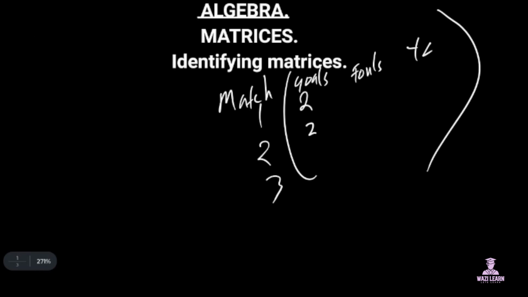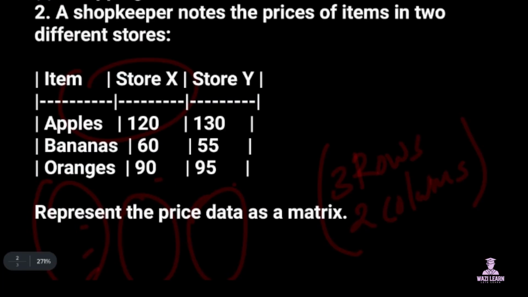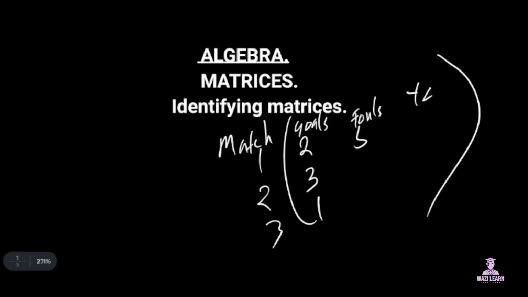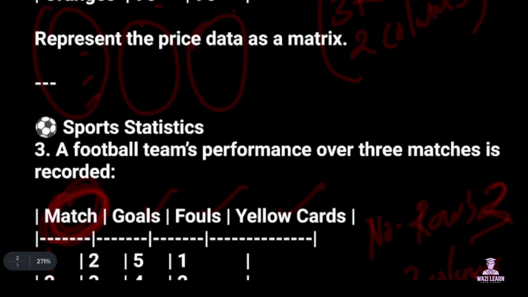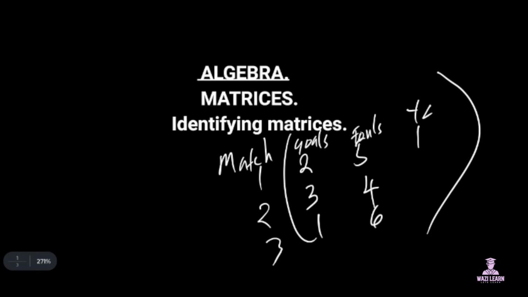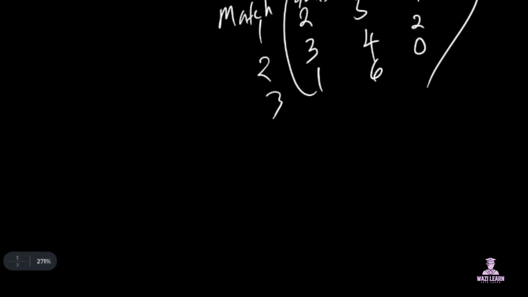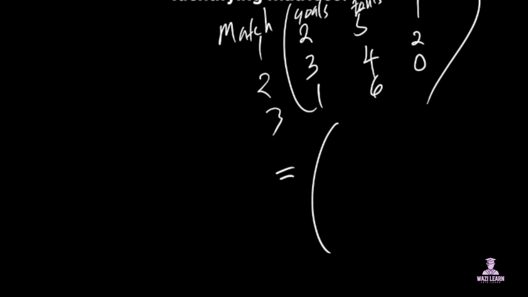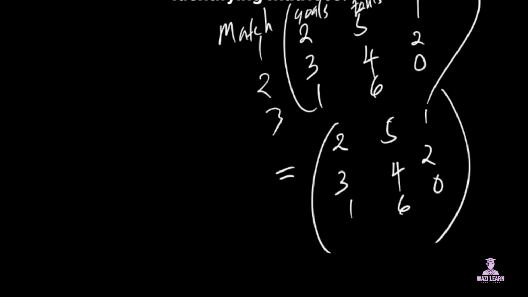Under fouls, 5, 4, 6. Then yellow cards, 1, 2, 0. Writing this in matrix form, we remove the labels: 2, 3, 1, 5, 4, 6, and then 1, 2, 0. That is our information in matrix form.